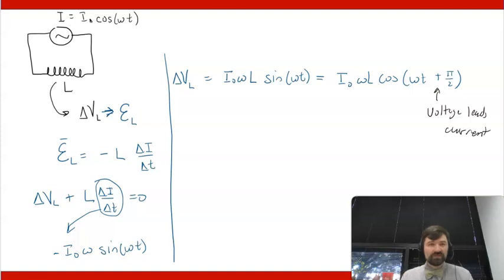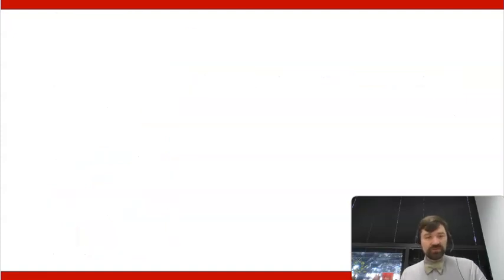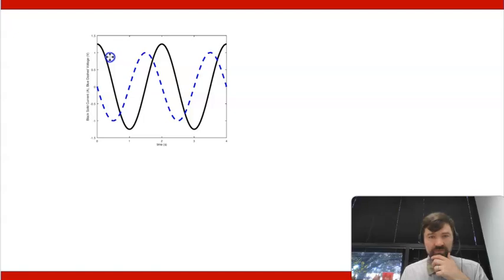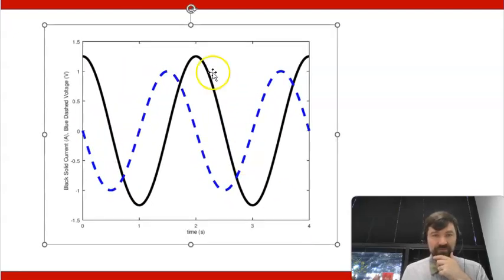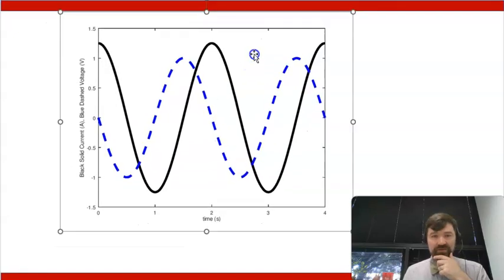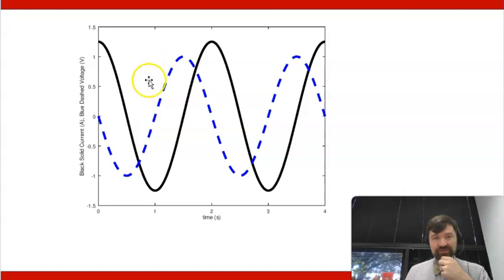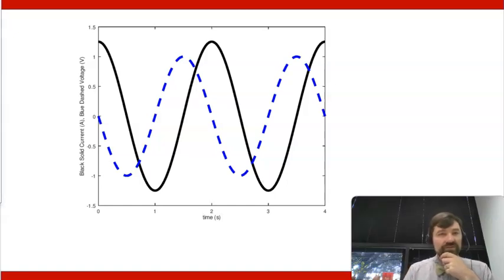So let's see what that would look like. Essentially, we would expect, if we were plotting these two things, you'd get a graph like this. So this dashed blue line would be basically your voltage. The solid black line would basically be your current for the inductor.